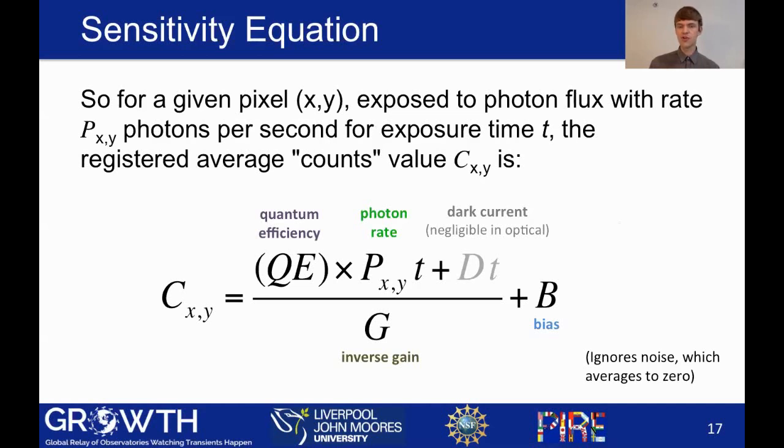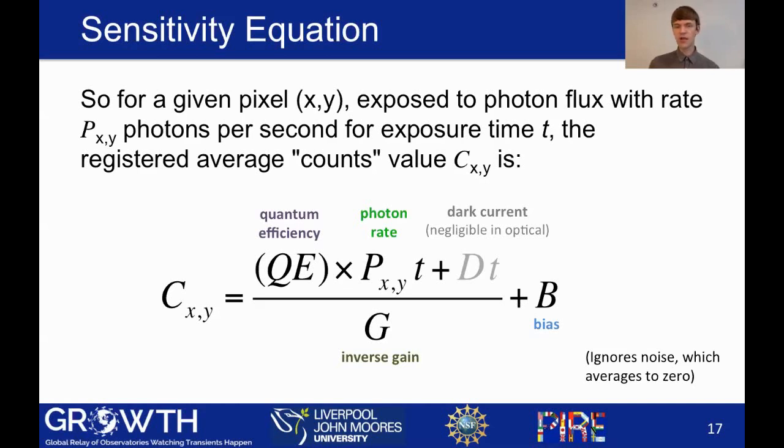If the true intrinsic photon rate in photons per second striking a pixel is quantified as P sub xy, and the number of seconds that we hold the shutter open is quantified by the value T, the number of counts that we will get is the product of those two values multiplied by the quantum efficiency, which describes how many of those photons actually produce electrons, added to the dark current value, which is usually 0 for the optical, divided by the inverse gain, which describes the conversion from actual electrons to output units, and then finally added to the bias voltage.